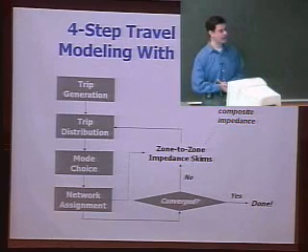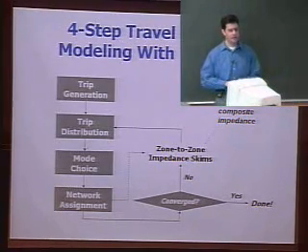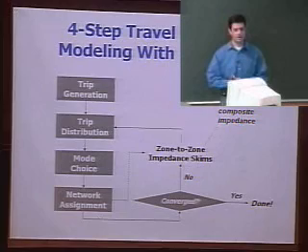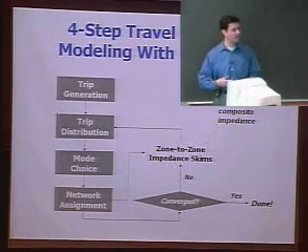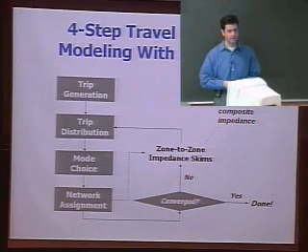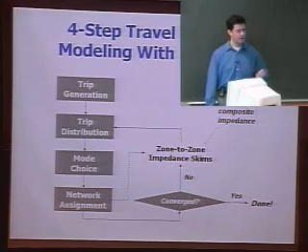Once we know what mode you're taking, and we already know now that you're going from I to J, we're going to assign trips to the network for each of these categories. The network, of course, there's a complicated algorithm involved where it's called user equilibrium, where users try to minimize the shortest travel time path through the network to get from their zone I to zone J.